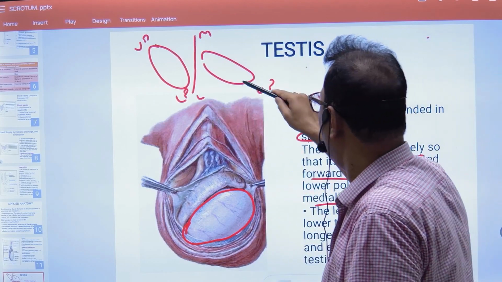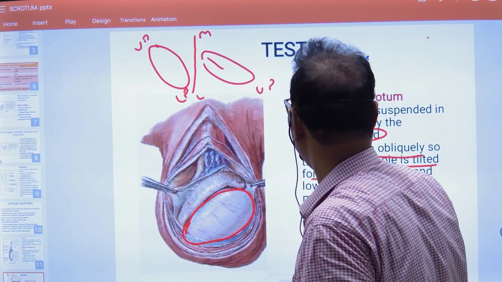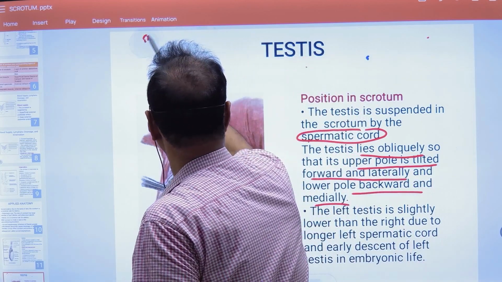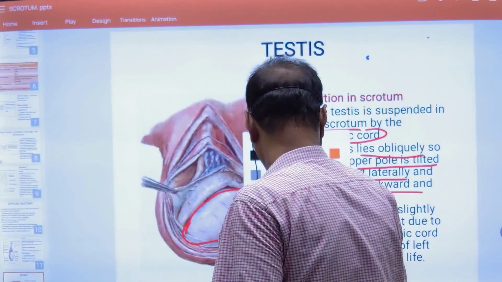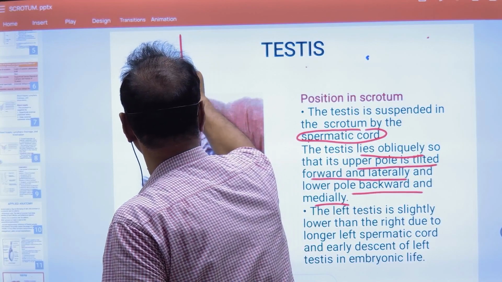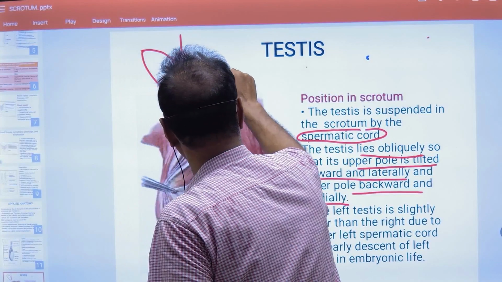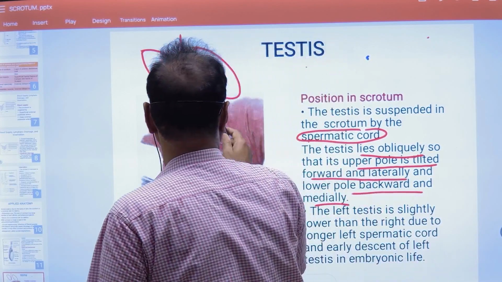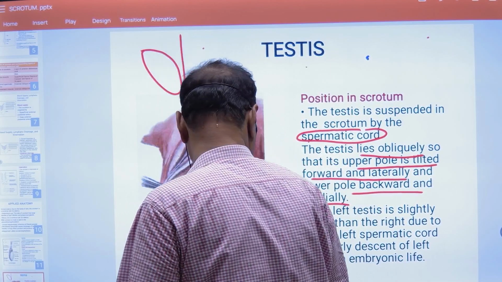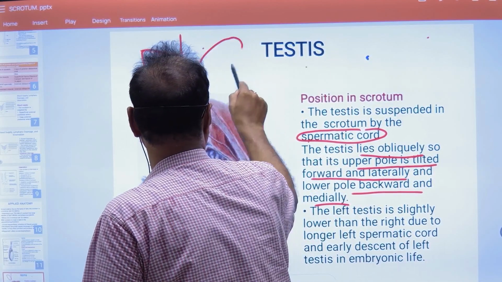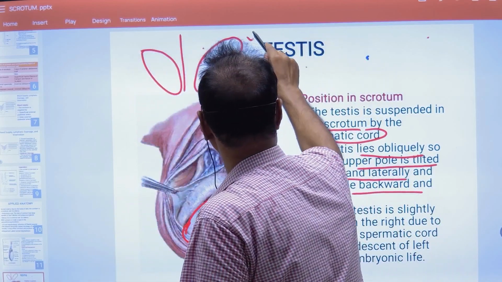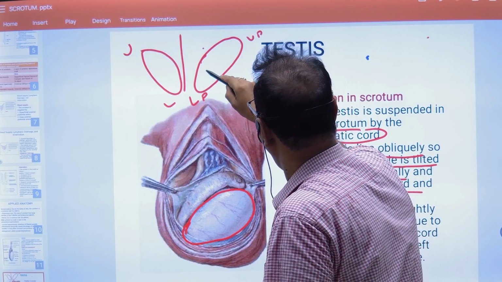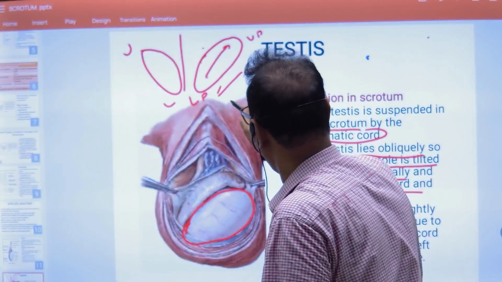And you can see that upper pole is going forward and laterally, and the lower pole is going backward and medially.